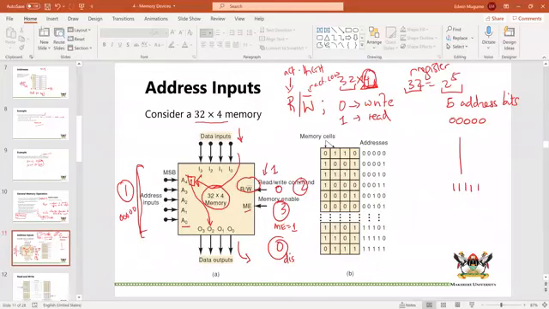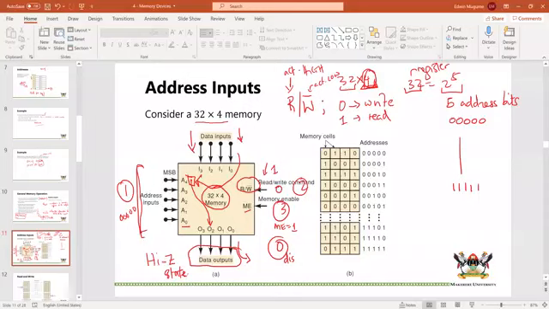Now, these are tri-state inputs and tri-state outputs. If we are writing, that means information appears at the inputs, and usually the outputs at that moment will be in the high Z state. I think you remember the high Z state.